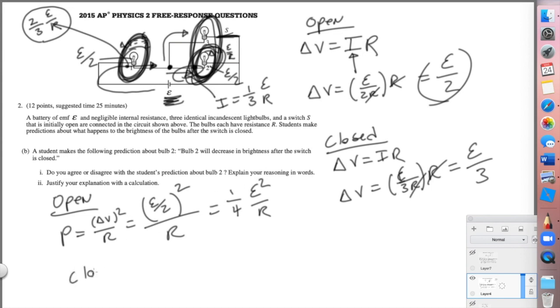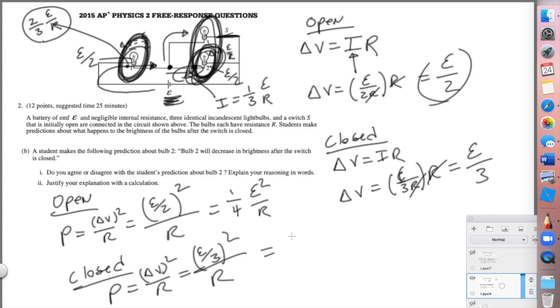Now, switch closed, using the same equation, delta V squared over R. The voltage with the switch closed was E over 3. So this is going to simplify down to 1/9 E squared over R. So we justified this.